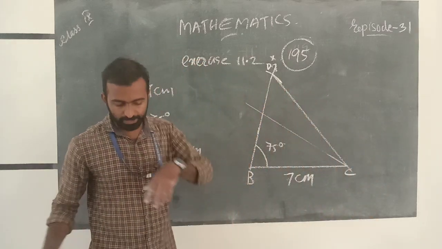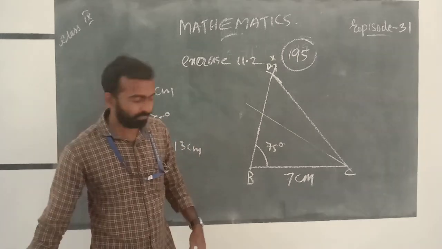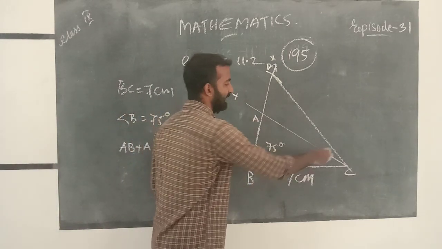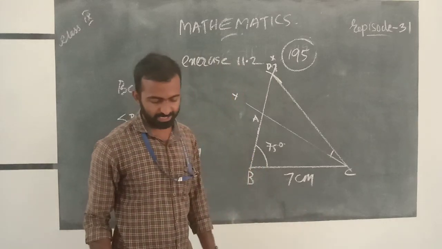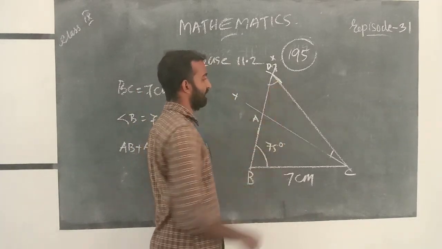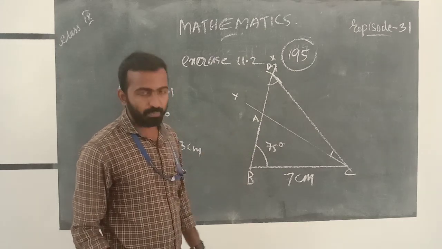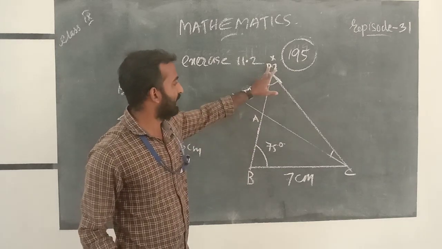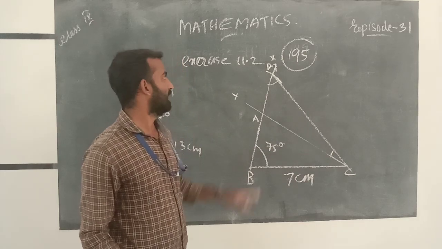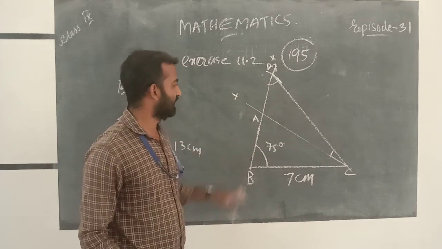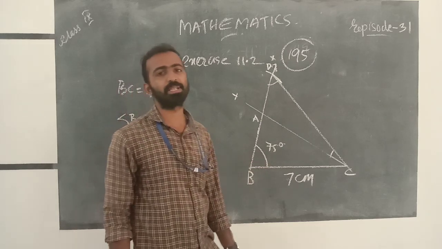This is Y, this is A, and this angle is equal to this angle: angle DCY equals angle BDC. That is, we get triangle ABC.